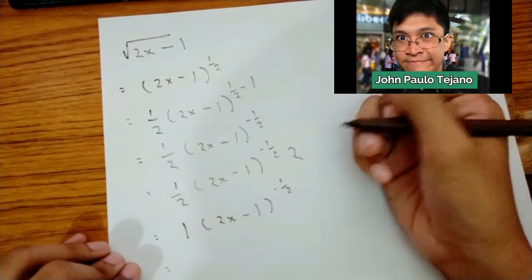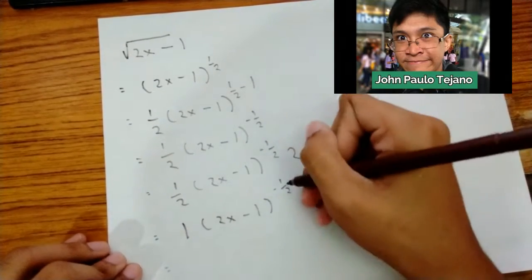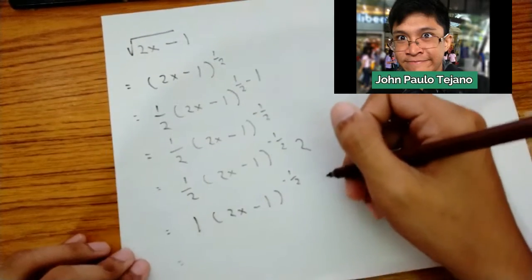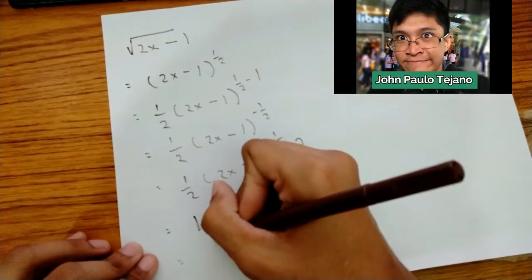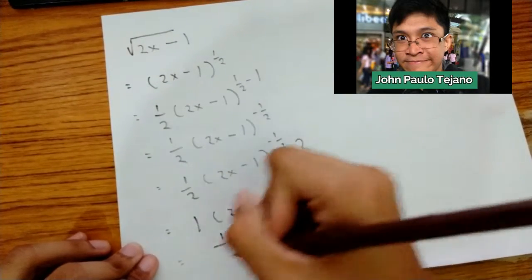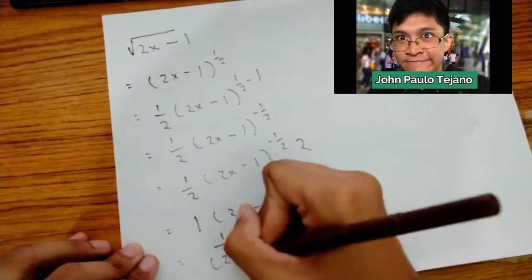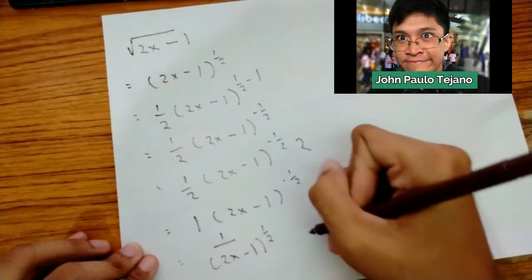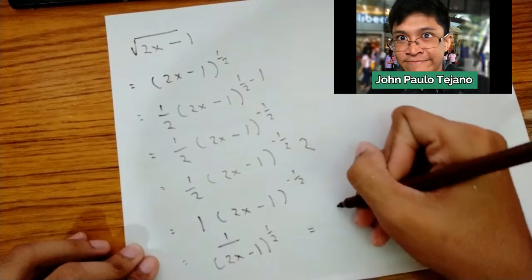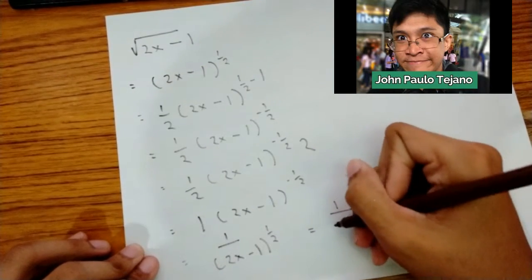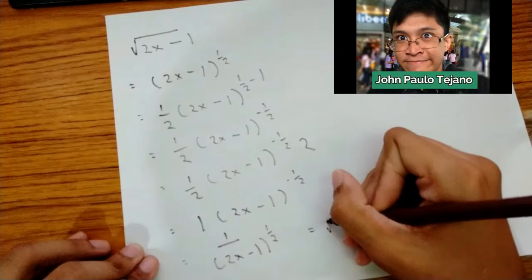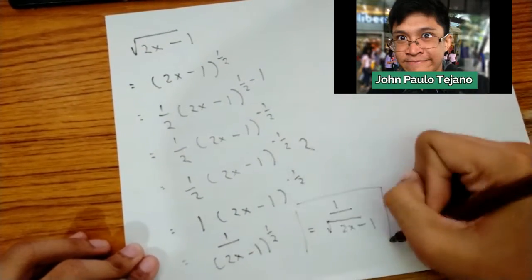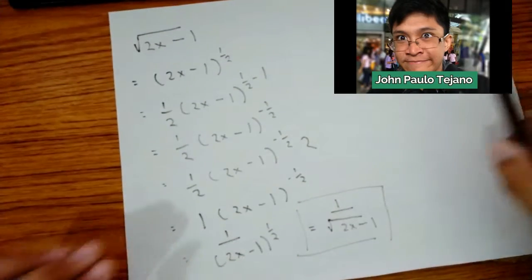It is still negative in the power, the negative 1/2. So we need to put it down in the denominator, so it will be positive. And then we'll just square root this and then there you go.